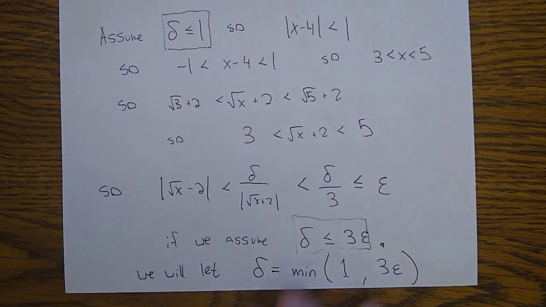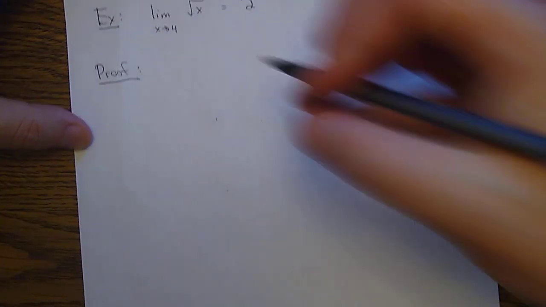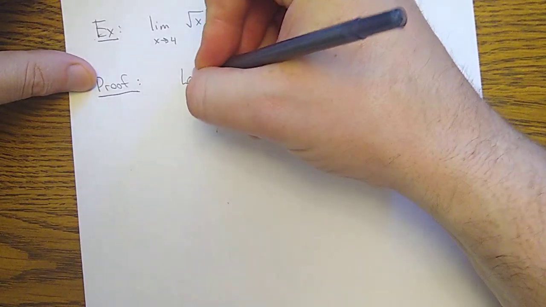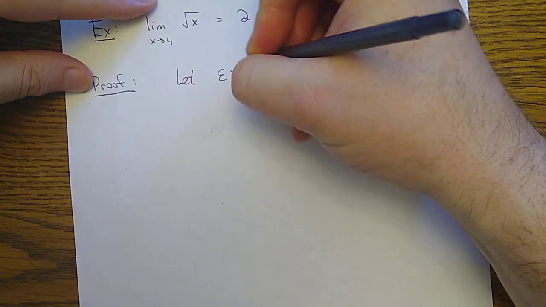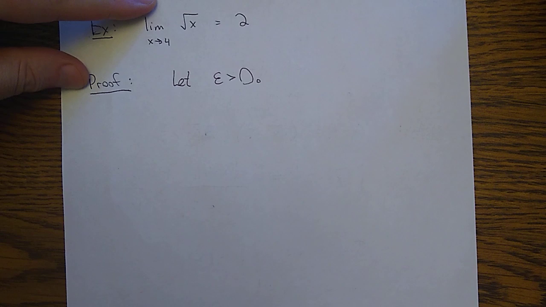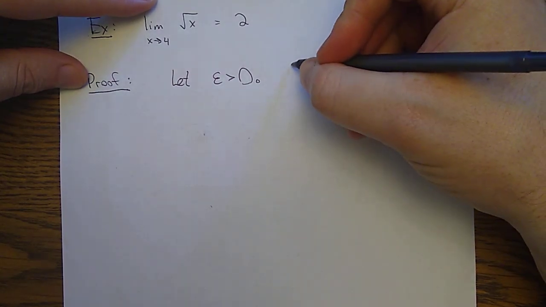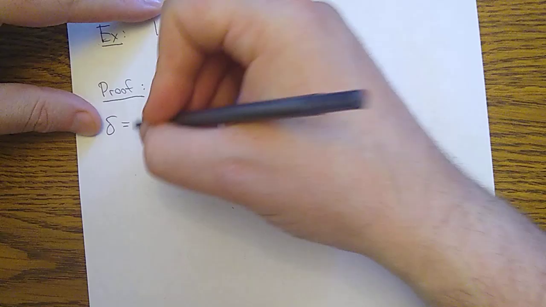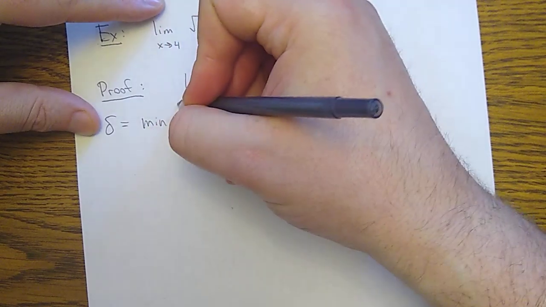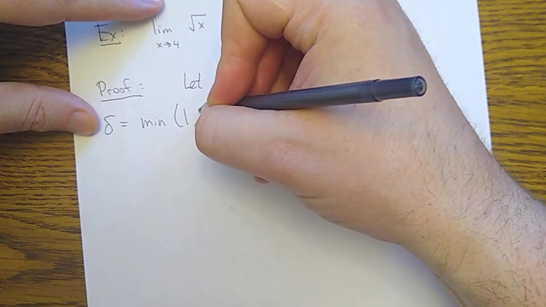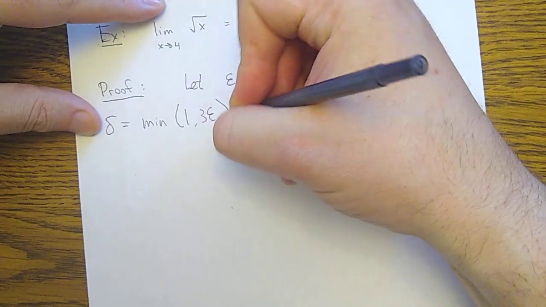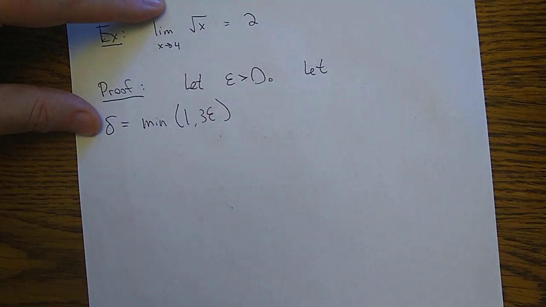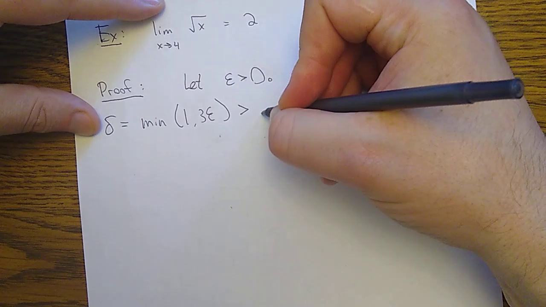Okay, but let's do it. Let's do the real proof. Let epsilon be greater than 0, as always. And I'm just going to go ahead and let delta be what we just said right from the beginning.